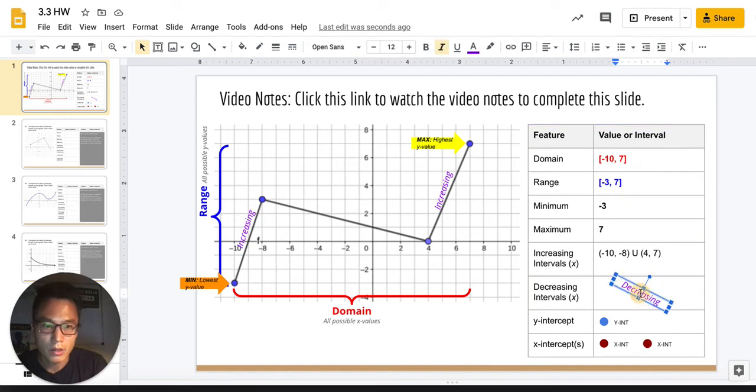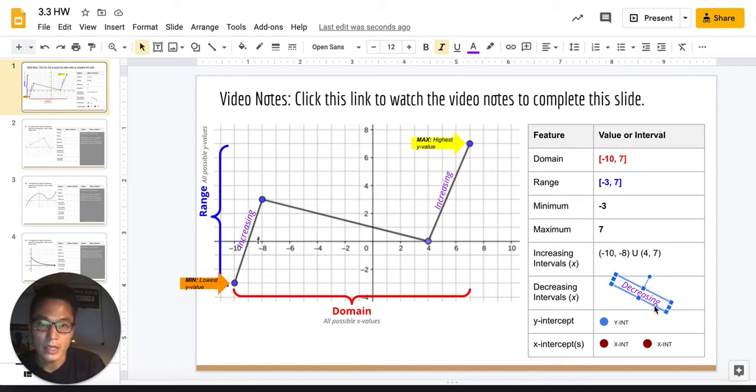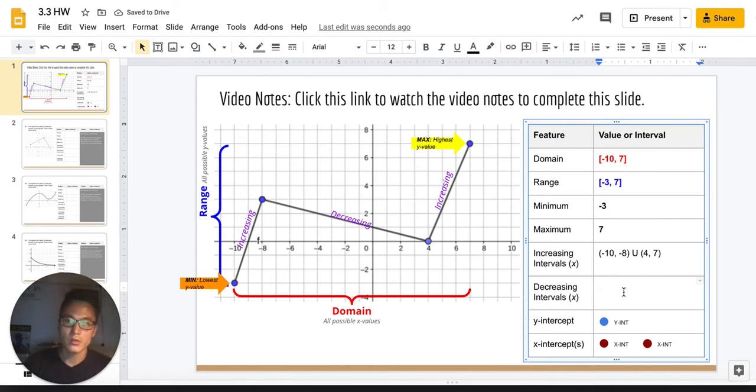Next is my decreasing interval. So that's whenever I have a negative slope on the graph. I can also think of it as if you're walking from left to right, whenever you are walking downhill, that is when the function is decreasing. So that's this middle section right here. That's the part that's decreasing. Okay, so between what x values are we walking downhill?